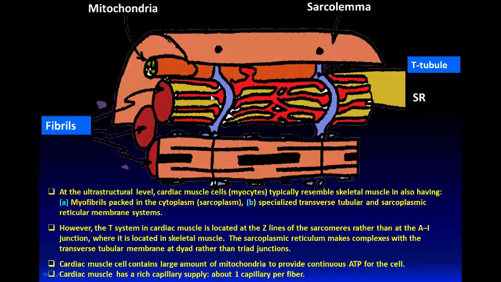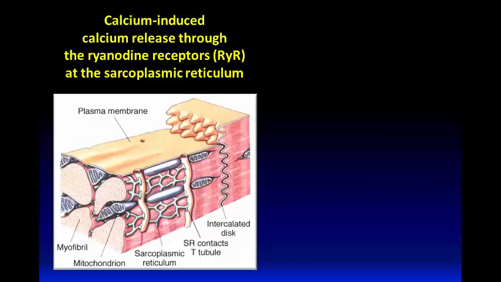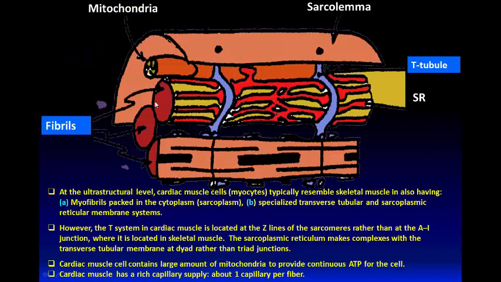It is within the sarcoplasmic reticular membrane systems where we have calcium ions stored inside the myocytes. These calcium ions should be released from the sarcoplasmic reticulum in order that the myofibrils contract.